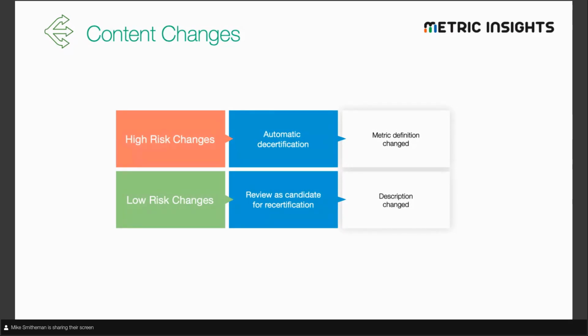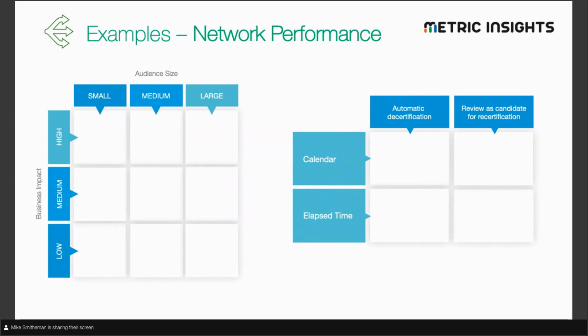I need to go and do something to make sure that the documentation reflects it. So either auto decertification or letting people know that something needs to be reviewed to see whether it should still be certified, based on whether the change is high or low risk, is a key thing.